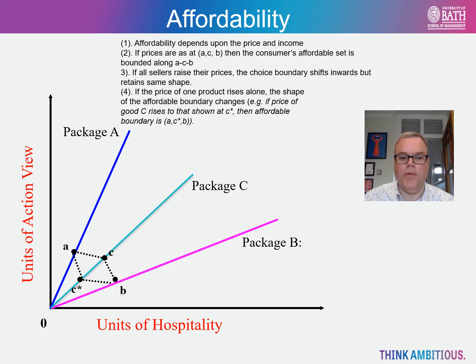If the football club decide to raise the prices of each package by the same amount, the choice boundary shifts inwards but retains the same shape. This is not shown in this diagram. However, if the price of one package, in this case package C, rises alone, the shape of the affordable boundary changes. So, if the price of package C rises to that shown at C star, then the affordable boundary is A C star B.